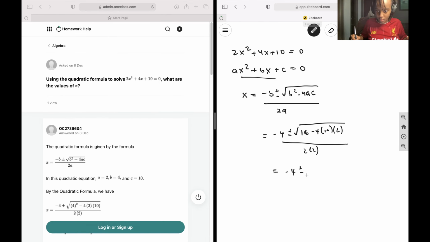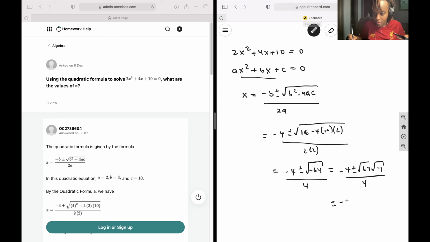So root negative 64 over 4. Let's just rewrite that as negative 4 plus or minus root 64 multiplied by root negative 1 over 4. And this becomes negative 4 plus or minus 8i over 4.